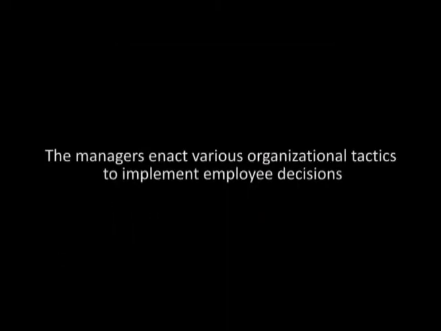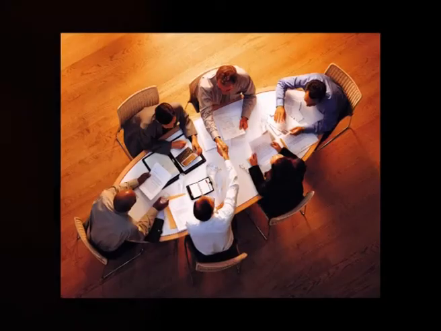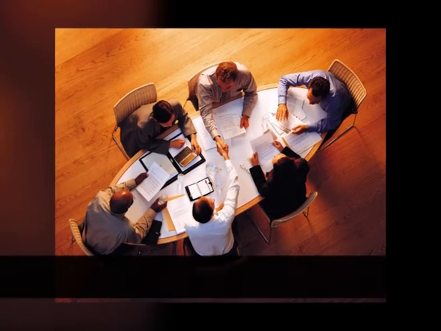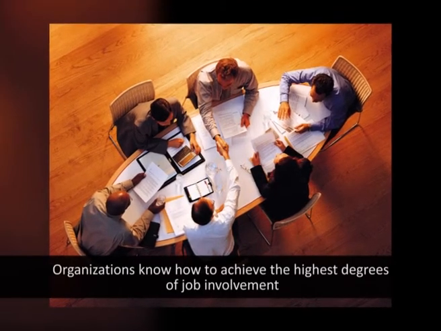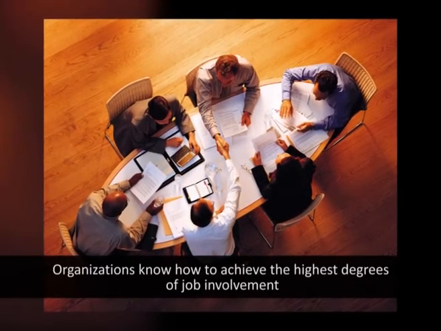To actually implement the decisions to influence employee attitudes, managers often enact various organizational and personal influence tactics. Organizations need to know how to achieve the highest degrees of job involvement as well as to improve these levels. Although all organizations likely aspire to encourage a high degree of job involvement, this effort is extremely difficult, largely because of the inherent differences in the degrees of involvement among employees.